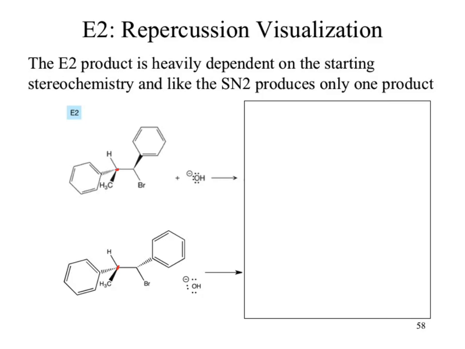What happens at the other position? Okay. There's another stereocenter there because we have an implied hydrogen. Okay. And if we look at that position, did the stereochemistry stay the same? No, it changed.